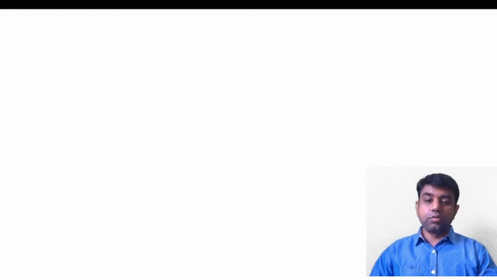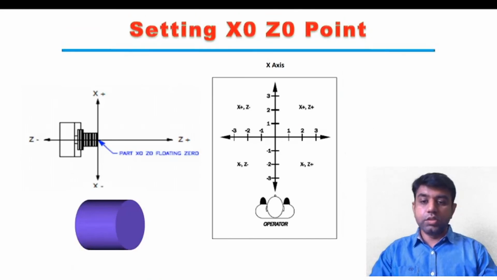Now let us see how to set the 0 points. In order to set the 0 points, what we first need to do is fix the workpiece into the spindle. Then physically we touch the tool towards the surface, right? Then we set that point as the x0 point. Then we physically touch the tool towards the face of the object, and we mention that this surface is the z0 surface. So what the tool understands is that the meeting point of z and x is taken as the 0 point, that is the x0 and z0 point.